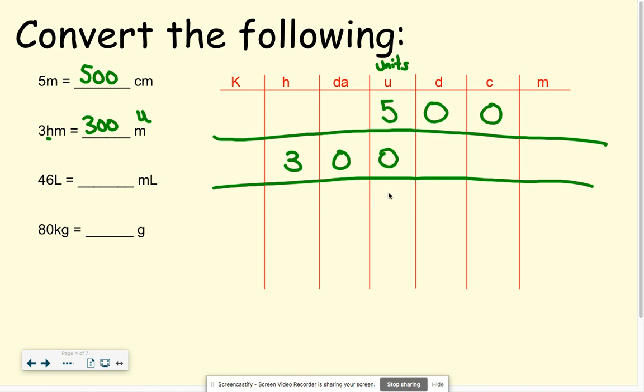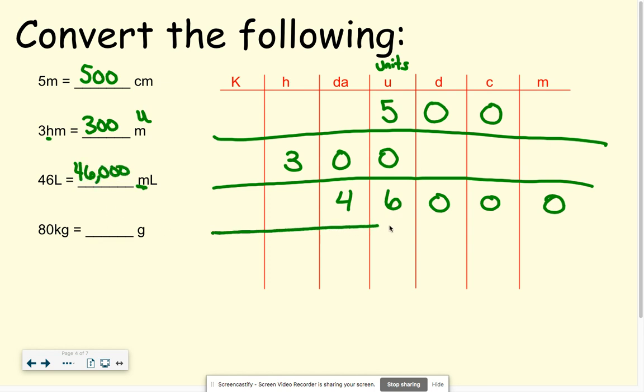But the true accurate way would be to put the last digit, the 6, in here, and the 4 goes into the next place value spot. Now we're trying to get to milliliters. So that has 2 letters, so we're getting to the M. So we draw in zeros until we get to the M. And our answer is 46,000.